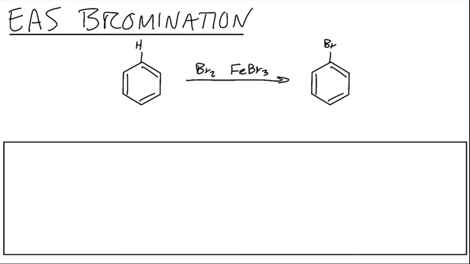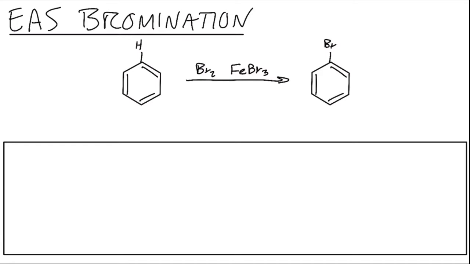Let's see if we can do what we've done in the past and just look at our molecules, look at what we're given over the arrow, and see if we can identify what roles they're going to play in the reaction itself. If we look at benzene, does that look like a really good nucleophile, or is it our electrophile? I'm not really sure, so maybe let's skip over to the stuff over top of the arrow.